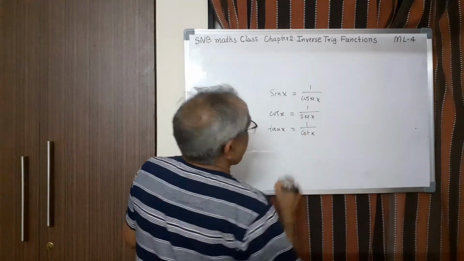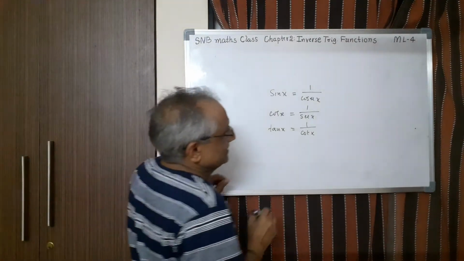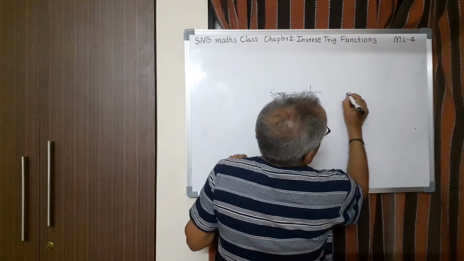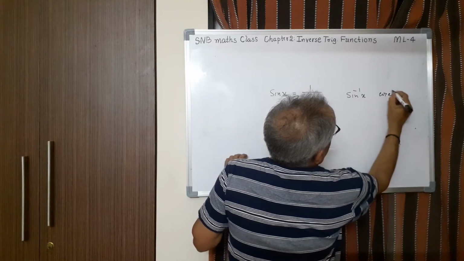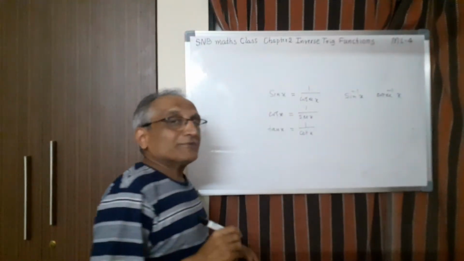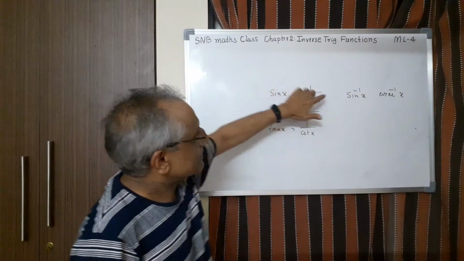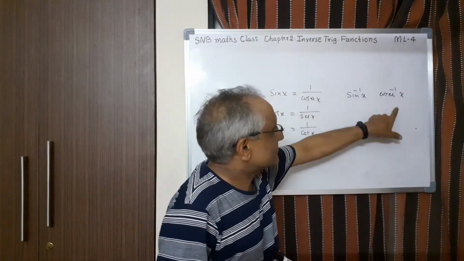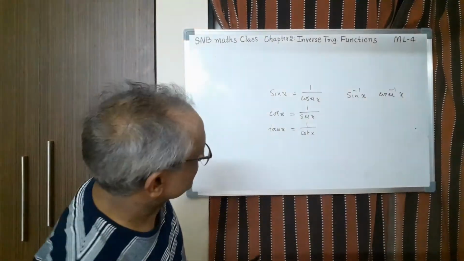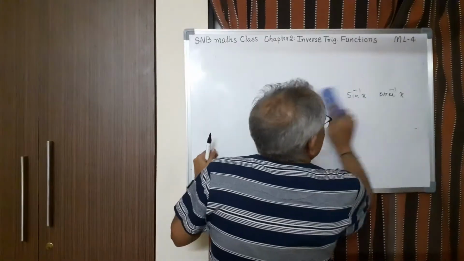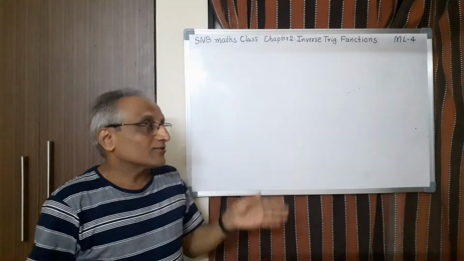This you have seen by definition. Now in the same way we can ask this question: what is the relationship between sine inverse x and cosecant inverse x? Sometimes students generalize, since sine x is the same as 1 by cosecant x, sin inverse x is the same as 1 by cosecant inverse x. That is wrong. You cannot do it that way. We have to prove the property. But anyway, there is a relation between sin inverse x and cosecant inverse x.